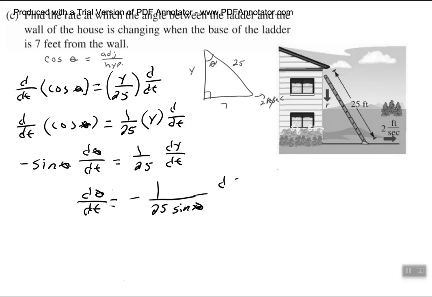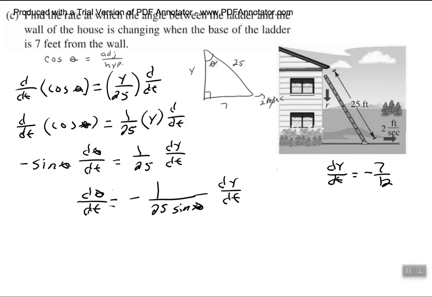So we have d theta dt is equal to negative 1 over 25 sine theta times dy dt. Looks like we need two things: dy dt and sine of theta. We've already found dy dt from the previous problems. When the base was 7, we found that dy dt was equal to negative 7/12.